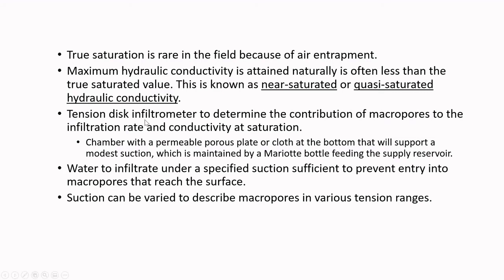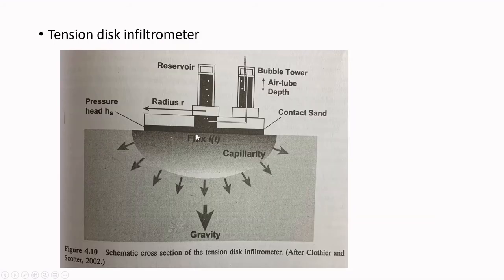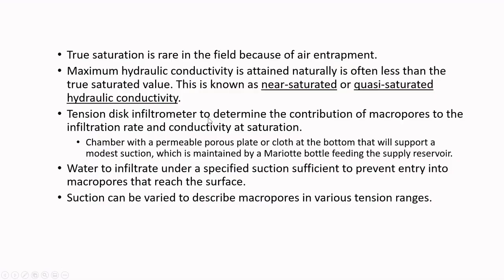So the tension disk infiltrometer means this kind of measurement unit. The tension disk infiltrometer is used to determine the contributions of micropores to infiltration rate and conductivity at saturation. So you can use this tension disk to investigate certain pores that contribute to infiltration and also conductivity at saturation.